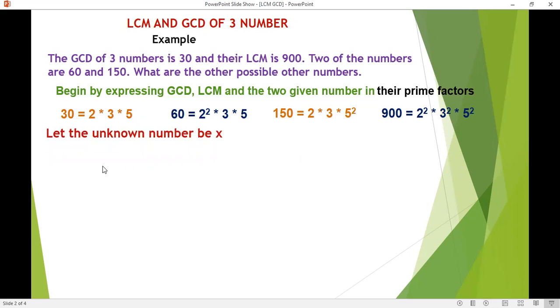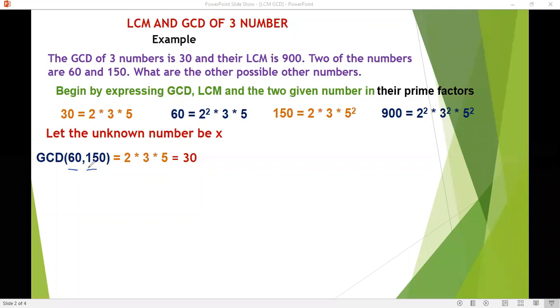Then we let the unknown possible number be x. For us to be able to tell what x is, we first compare the GCD of the two given numbers, 60 and 150, without the third number.